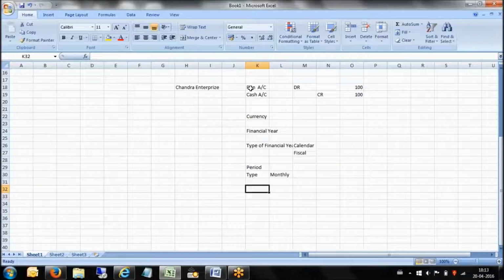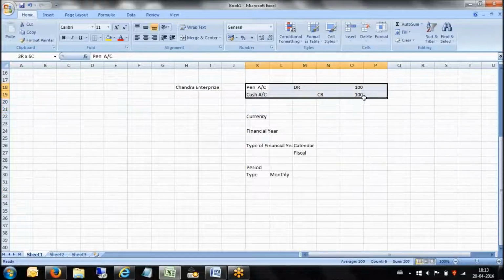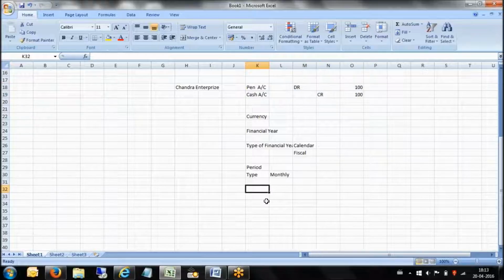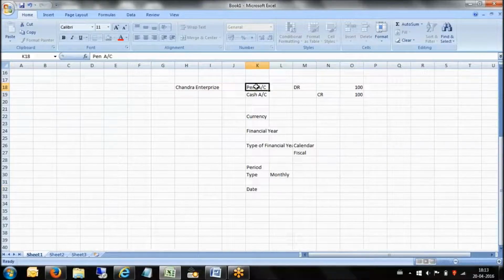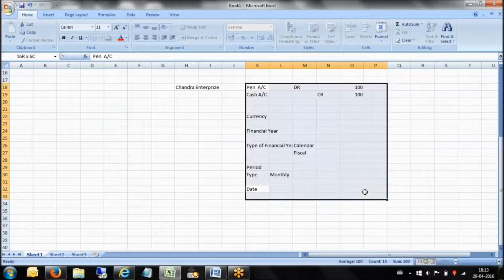Now, in order to record this transaction, what else is the least information? Next is on what date you are recording, you are purchasing. This is the least information, and for your audit purpose also you need to record it.